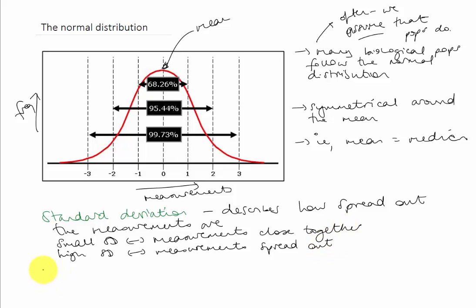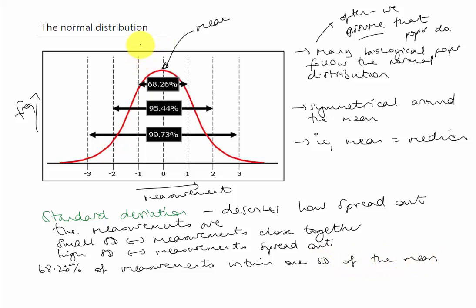And it has been calculated, by clever mathematicians, that 68.26% of measurements are within one standard deviation of the mean.